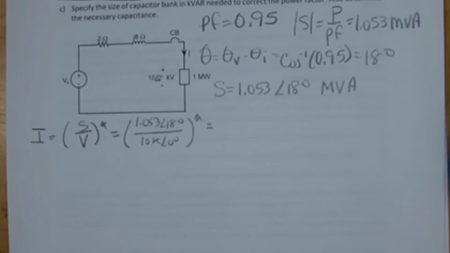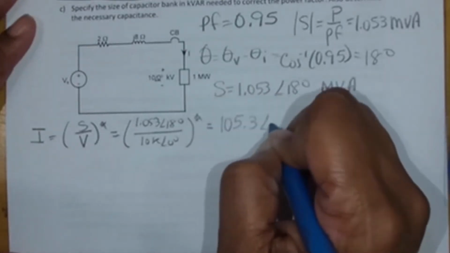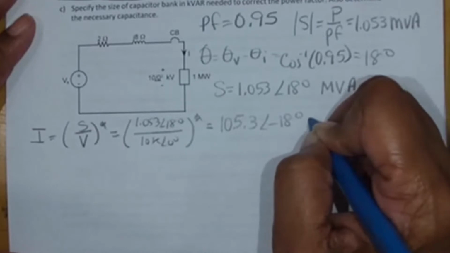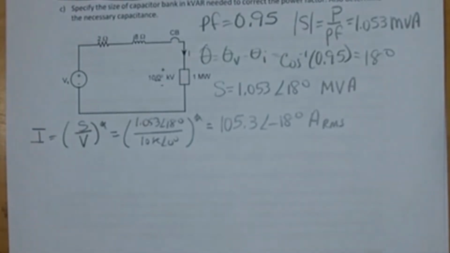What is my new current? Well, since it's divided by 10, 105.3 with an angle of negative 18 degrees, right? So our current was 200 and it dropped by half. It's now 100.